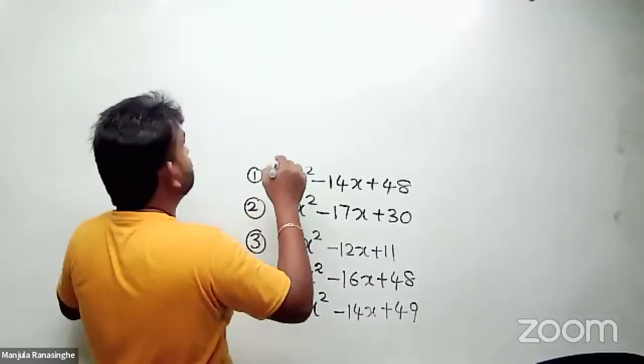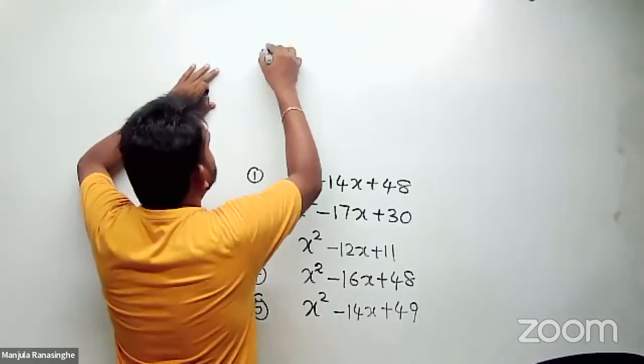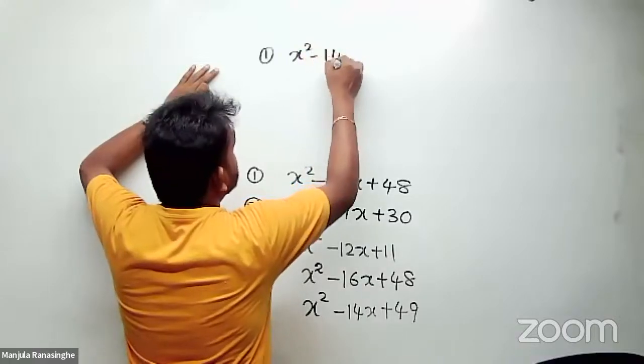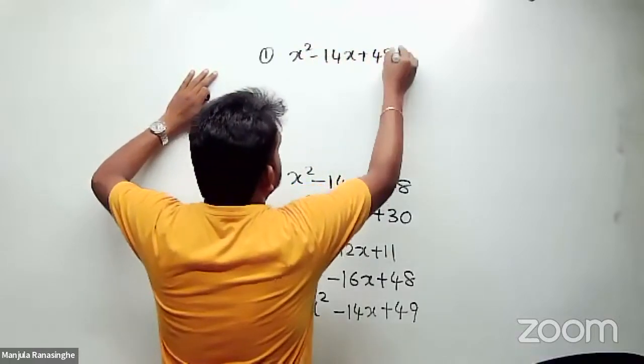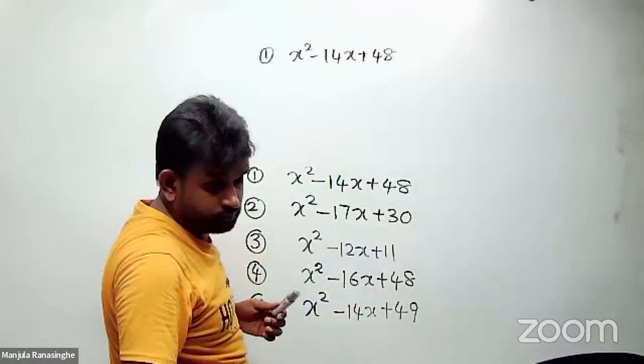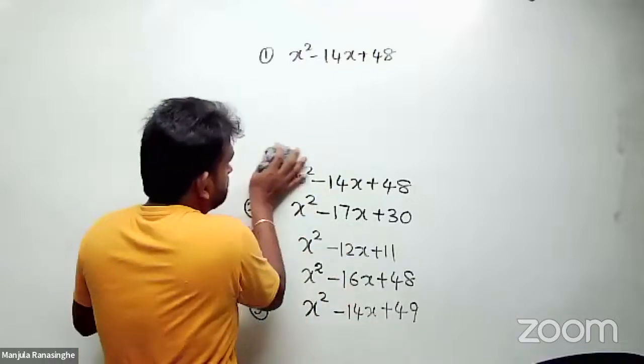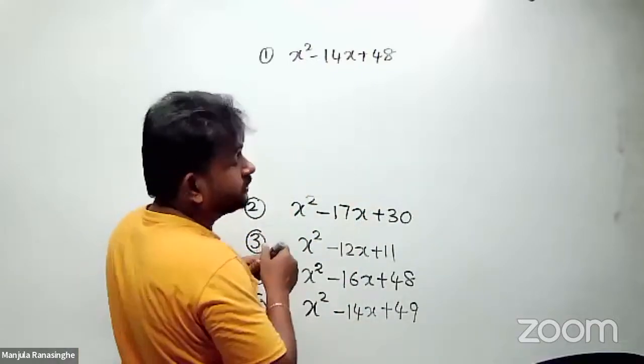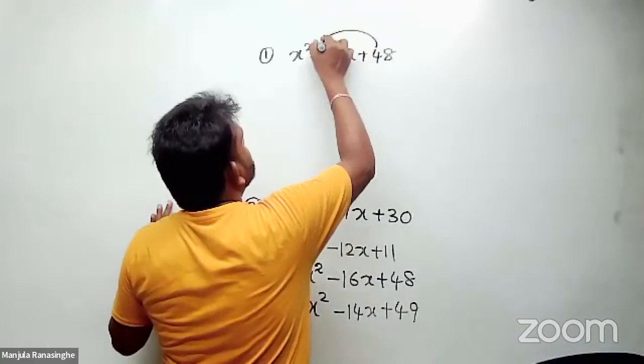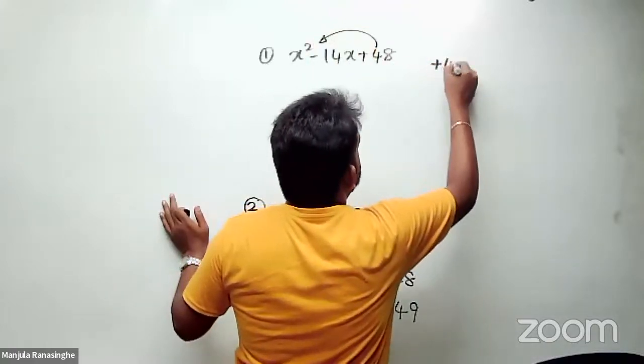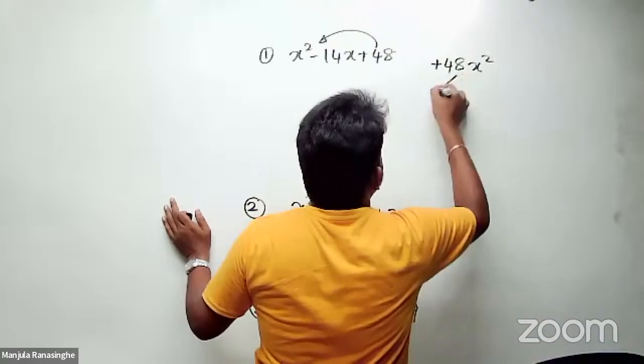Right. So first question, x squared minus 14x plus 48. Now check plus 48 with x squared, that gives you plus 48 x squared.